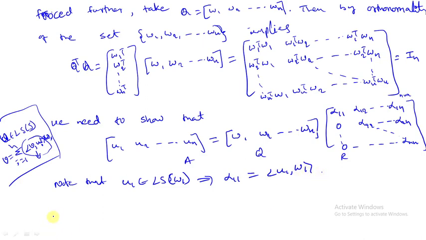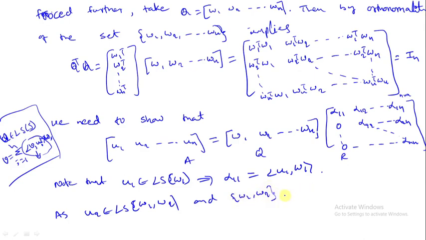The same as U2. What does U2 belong to? The linear span of W1, W2, and W1, W2 is an orthonormal set.